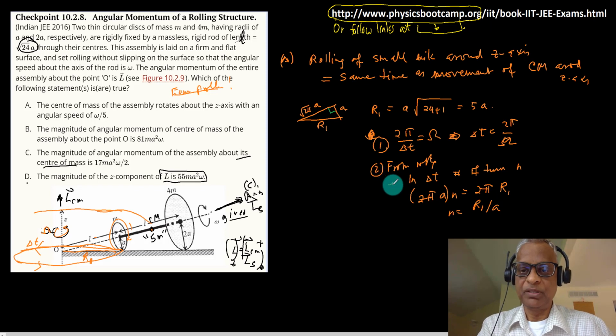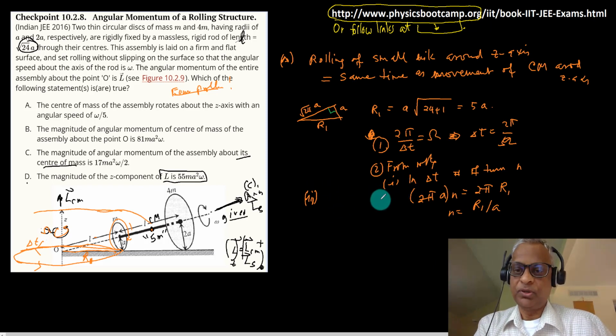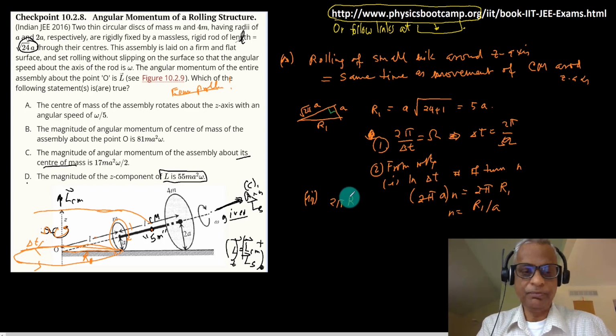So that's one observation you can make. Another observation you can make from the rolling is that it's going to go 2 pi r distance. It's going to be 2 pi n angle in delta t.